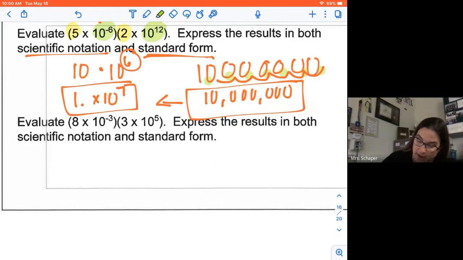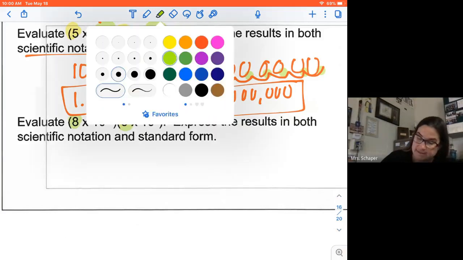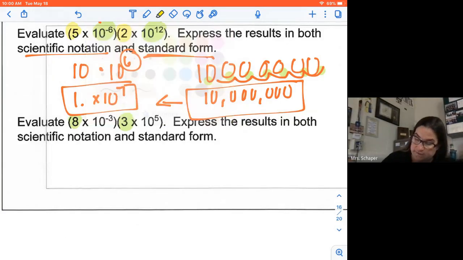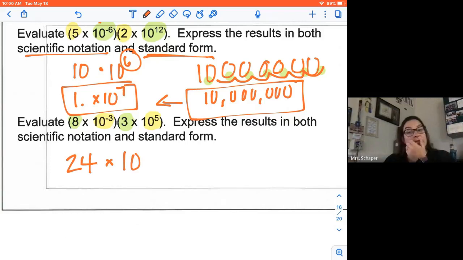Again, same thing. I'm going to highlight just because it helps me keep things a little more focused on what I need to work with. So 8 times 3 is 24. 10 to the 3rd times 10 to the 5th is really going to be 10 to the 2nd. And so that's not scientific because I don't have one number in front of the decimal.